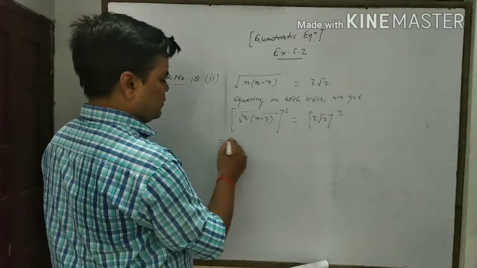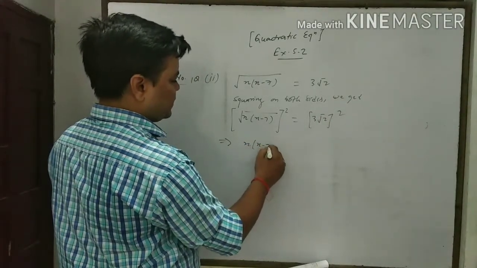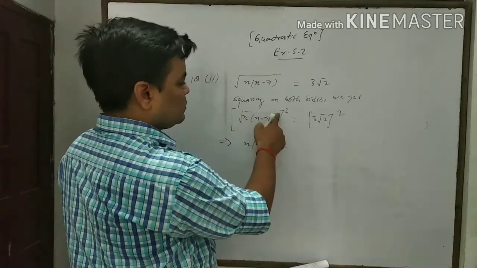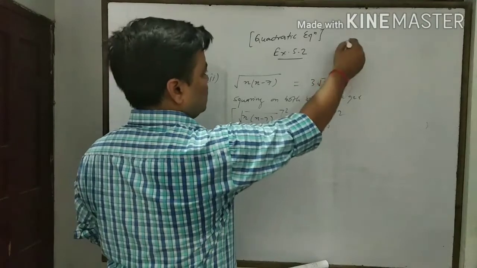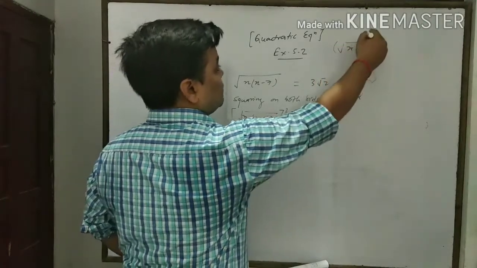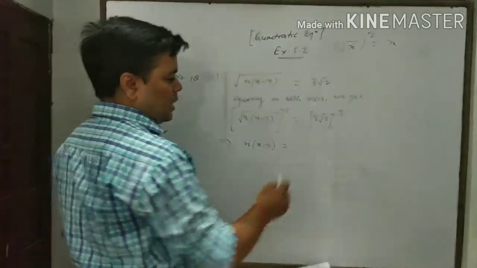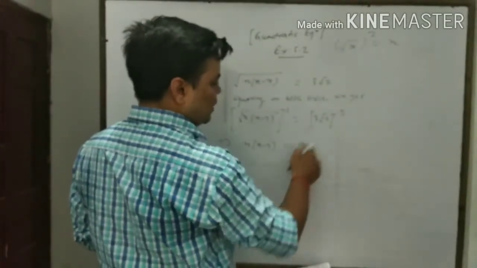It will be x into x minus 7 is equal to, because the square of the square root of any value is equal to the same value. And the square of 3 will be 9 and the square of root 2 will be 2.